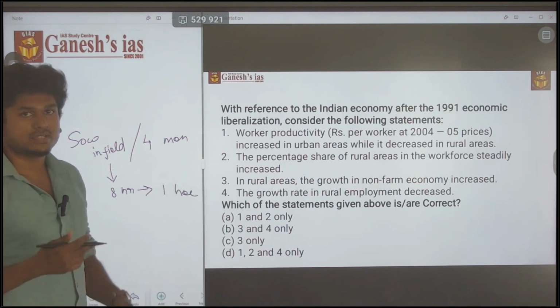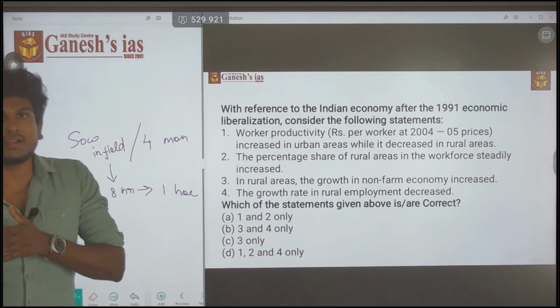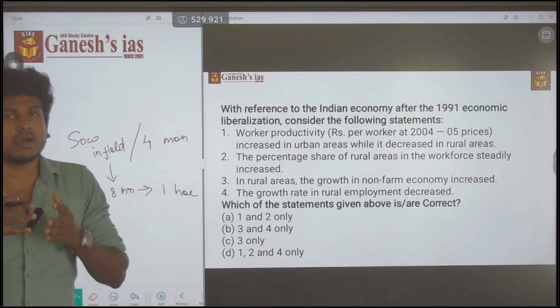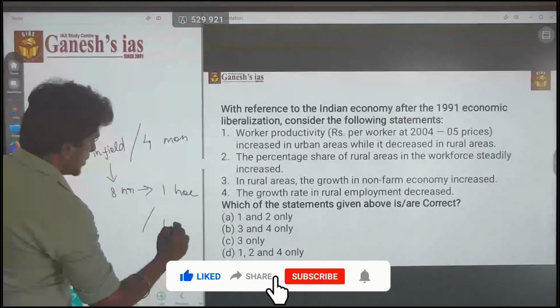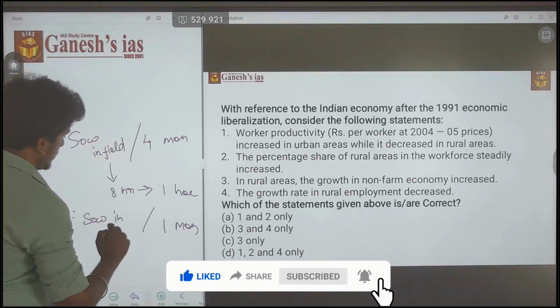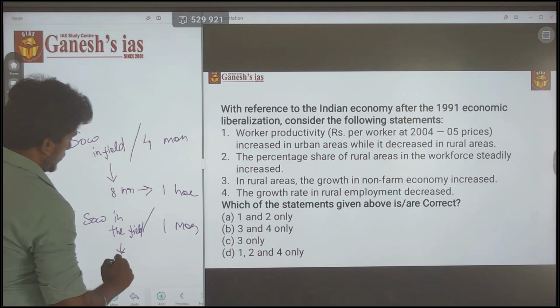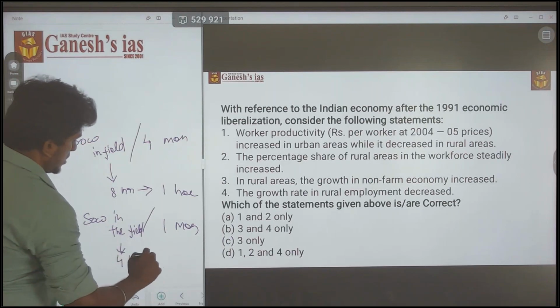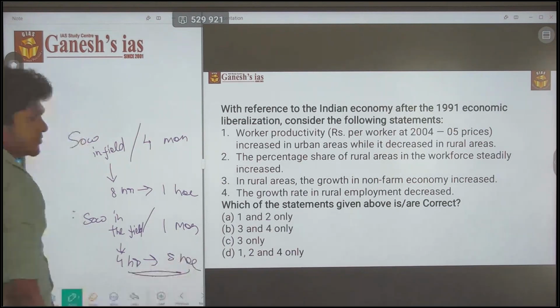After this liberalization, a lot of mechanized goods came into agriculture also. So mechanization happened in agriculture also. Now one man by himself can sow the field, in 4 hours, even 5 hectares of land, due to the mechanization.